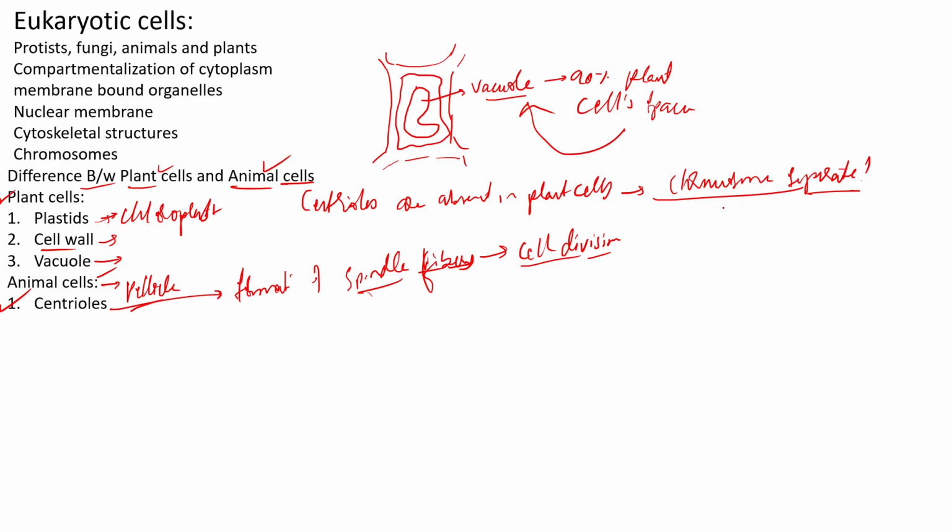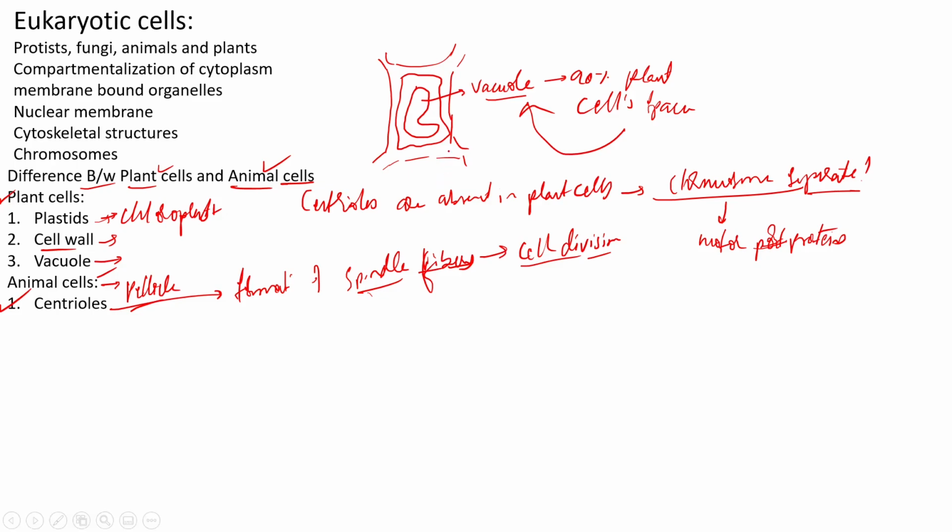Here in the case of plant cells, this function, that is the separation of chromosomes or the sister chromatids in the chromosome, is mainly done by the motor proteins. These motor proteins are involved in the formation of spindle fibers.